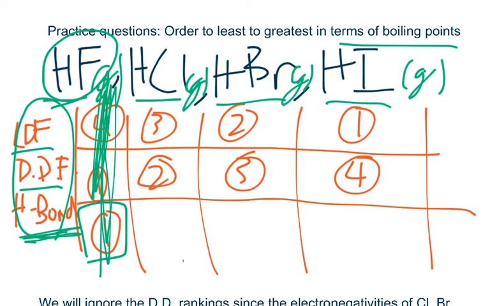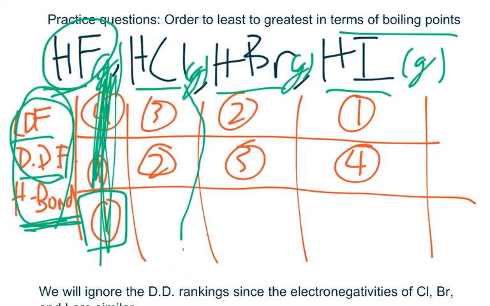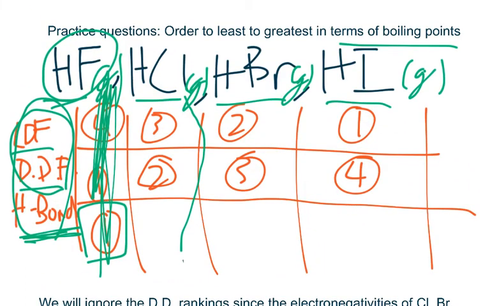We know that they all have LDF and dipole-dipole, so we can order these in terms of the strength. So we know that Cl is the most electronegative atom, so that means that the dipole-dipole forces on HCl will be the highest, or the second highest if you include HF. And then next comes HBr, and next comes HI.